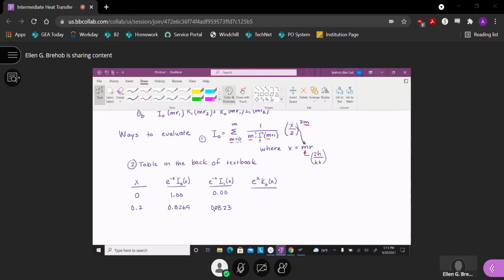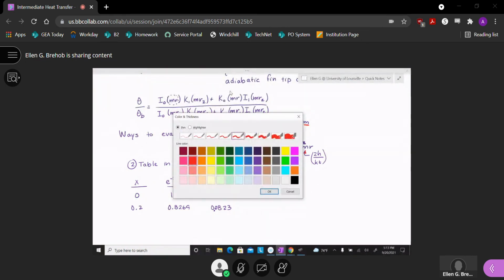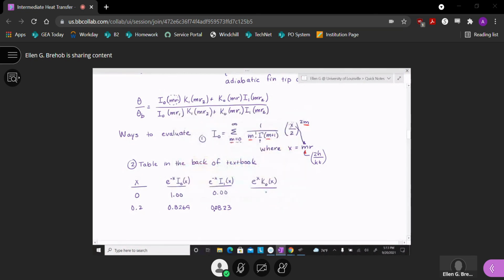Okay, and I can tell I think you're intrigued. You're going to try this out. Okay, I'm showing you parts of this table. And the thing that I want to say is, now what you're doing is you have to figure out this argument. This argument, in our case, is MR. And that's what's going to be in this column of the table. And it goes by steps, so you may have to do some interpolation.